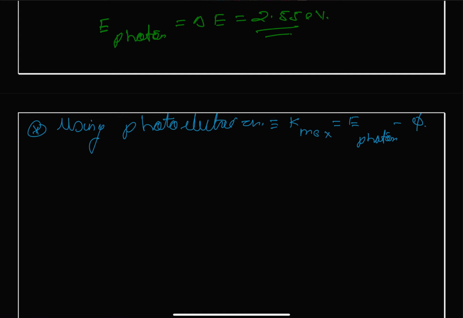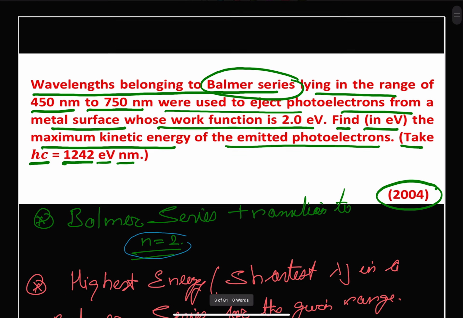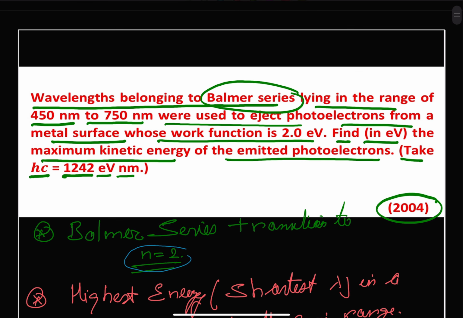So K max will be equal to energy of photon, 2.55, minus the work function, 2. So this comes as 0.55 electron volt, and this is the value of the maximum kinetic energy of the emitted photoelectron.